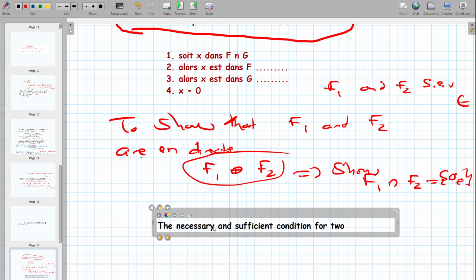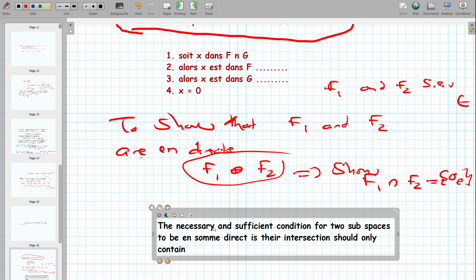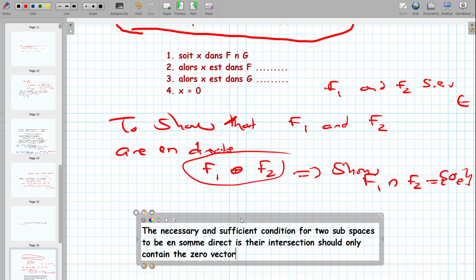The necessary and sufficient condition for two subspaces to be ensemble direct is that their intersection should only contain the zero vector, like so. Let me just put that here. So this is the necessary and sufficient condition.